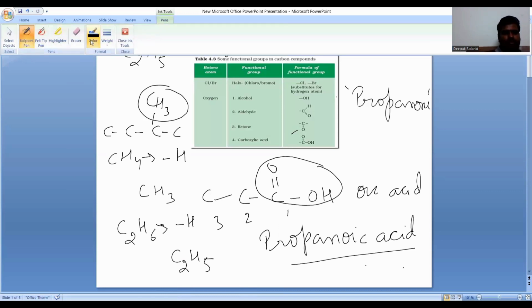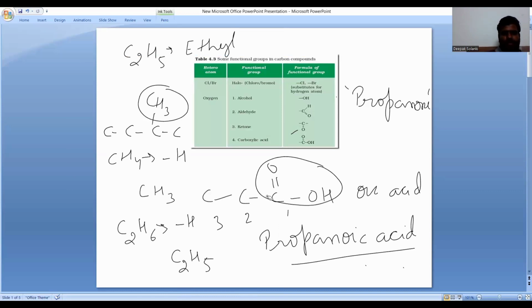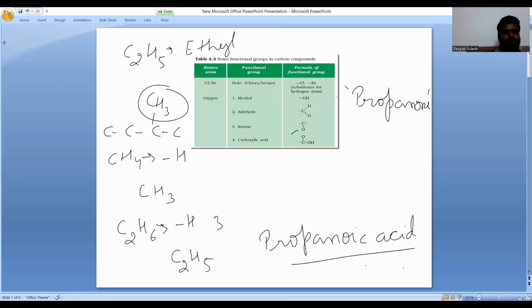Okay, so what will be its name? Any guess? You can write its name now here. There are carbons 1, 2, 3, and 4. In second position, there is a methyl group, so write 2-methyl.